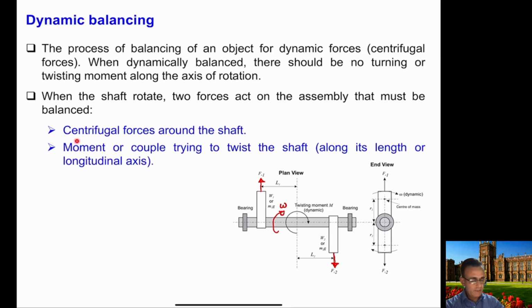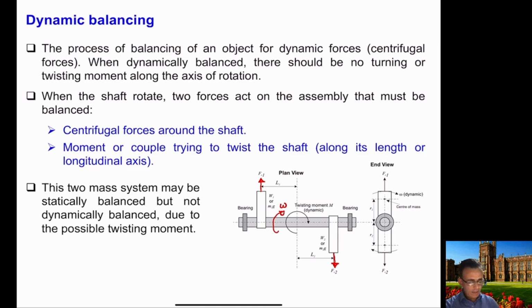In dynamic balancing, we will make sure that we have balanced the centrifugal forces around the shaft, which are FC1 and FC2. And in addition to this, we should also balance this moment or couple which is trying to twist the shaft along its length or longitudinal axis.